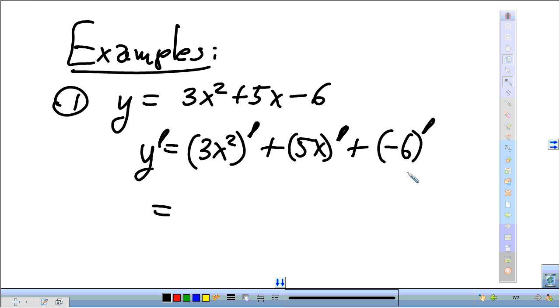So it doesn't matter whether we take this whole expression or pieces and differentiate and then add them together. And then the other rule says that, well, it doesn't matter whether we multiply by 3 first or consider the derivative and then multiply by 3.